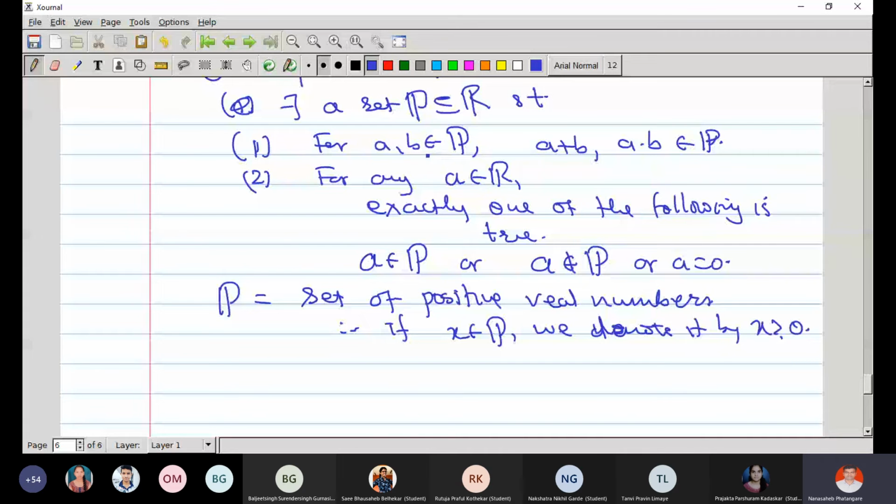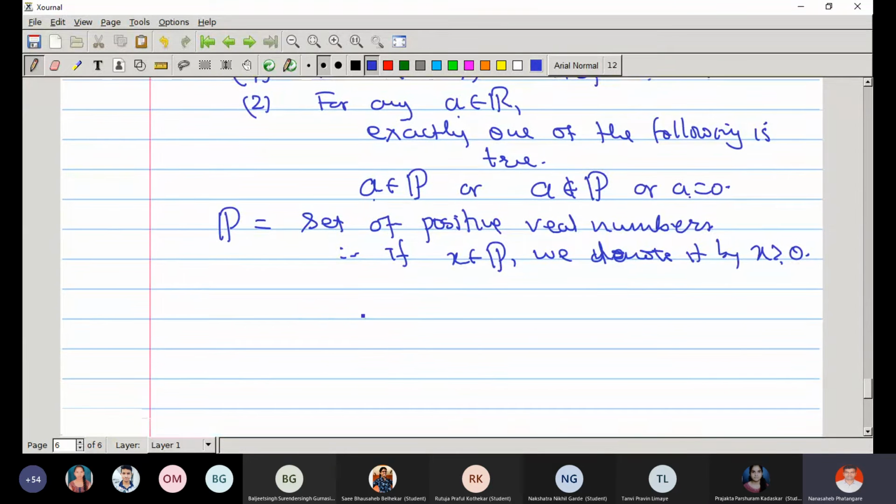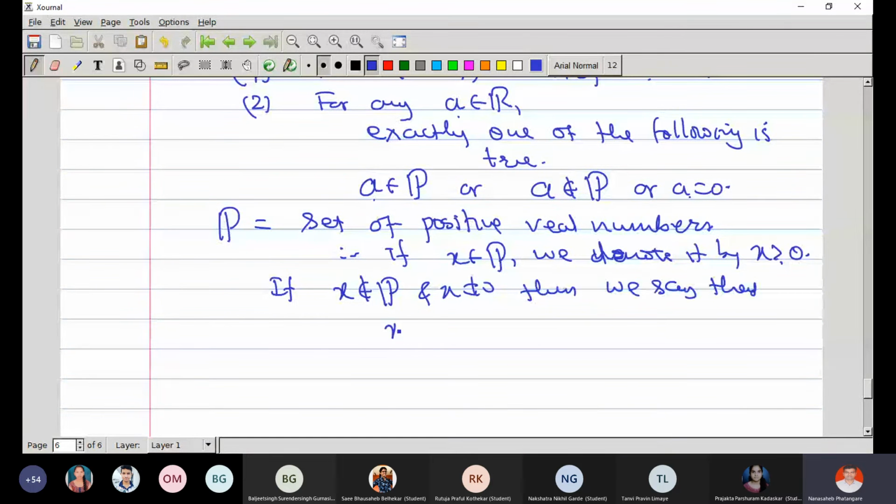And if you choose any number, then either that number is positive, or it is not positive, or it is 0. If x is not in P and x is not 0, then we write x is negative. Such numbers are called negative, or less than 0.